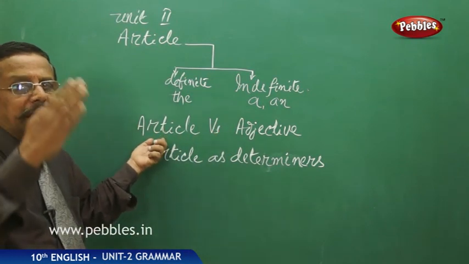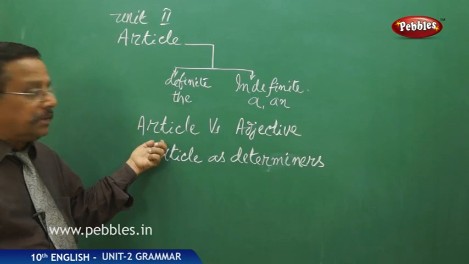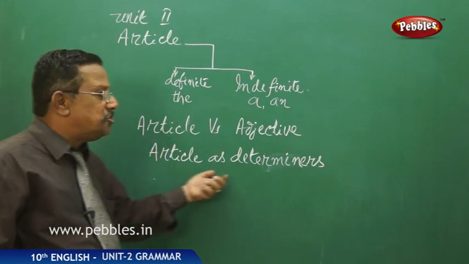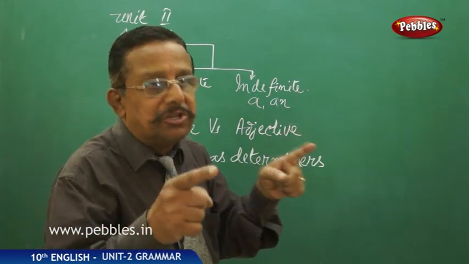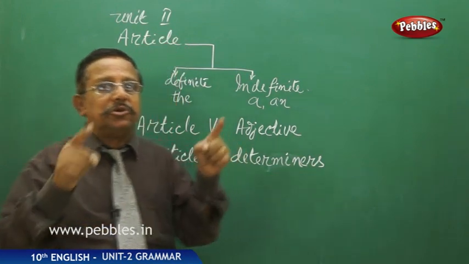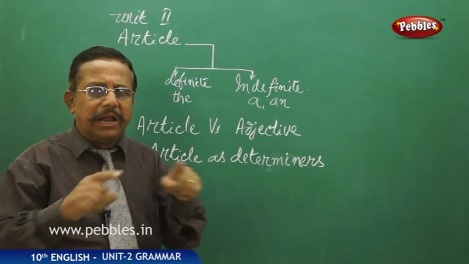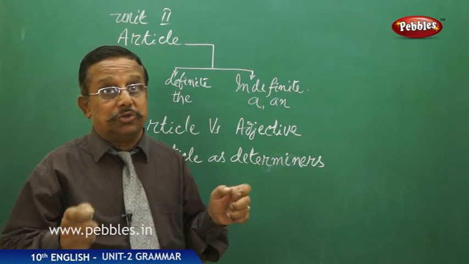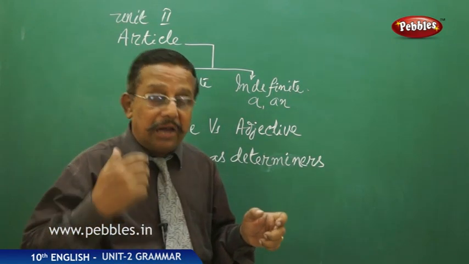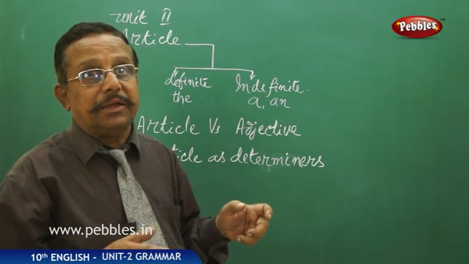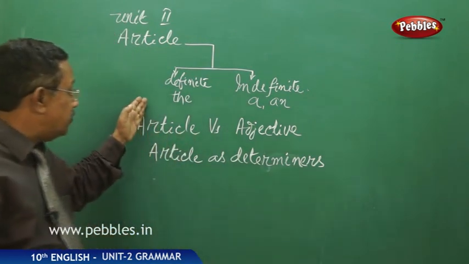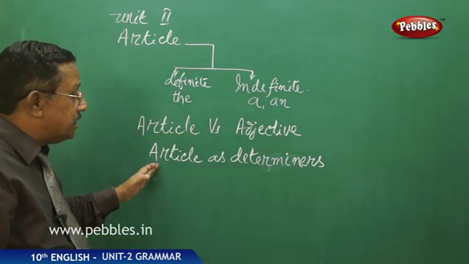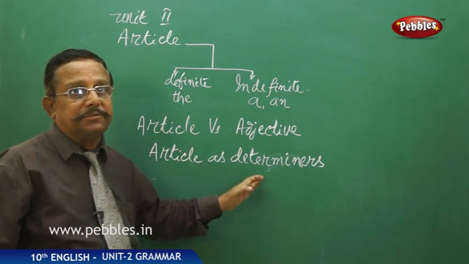It has to be in front of the noun. Now, article as determiner, it points out, it shows, and so it is one of the determiners. There are many determiners: this, that, those, these are all determiners. They show it. Likewise, these also show it, and so they are called articles as determiners.